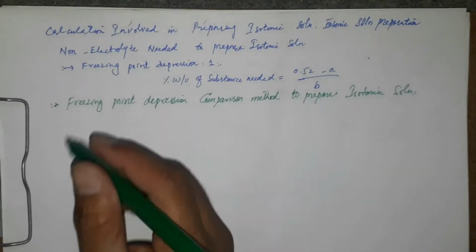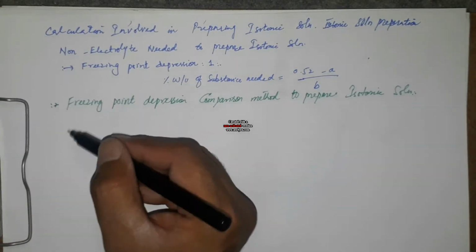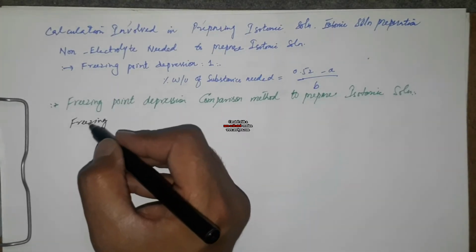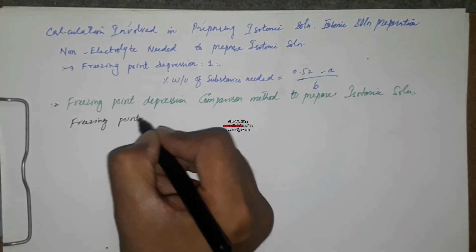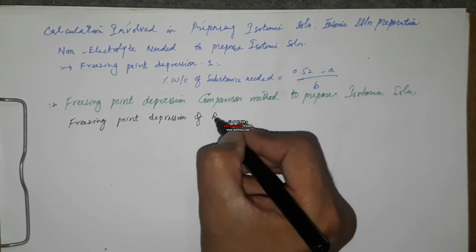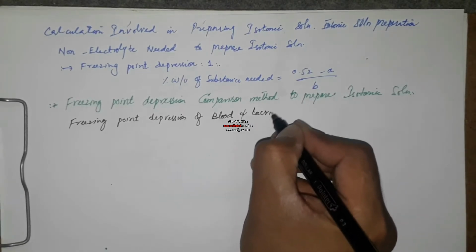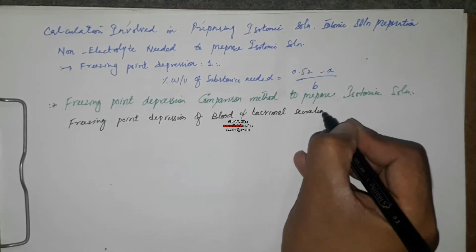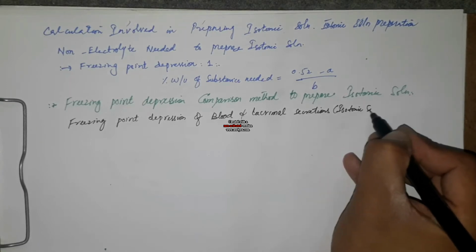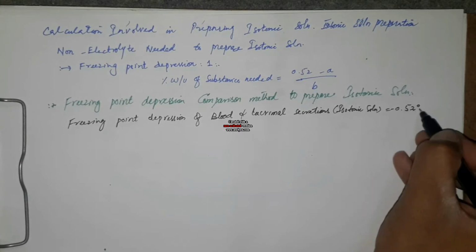Generally it is accepted that the freezing point depression of blood and lacrimal secretion, that is isotonic solution, is equal to minus 0.52 degree centigrade.